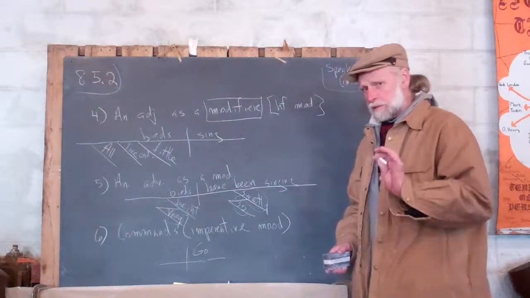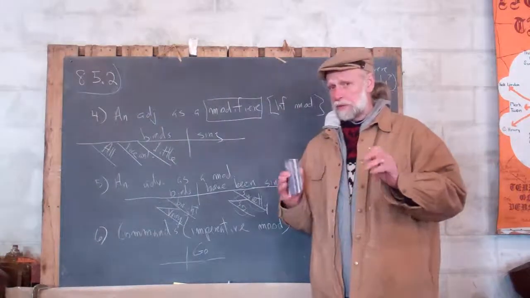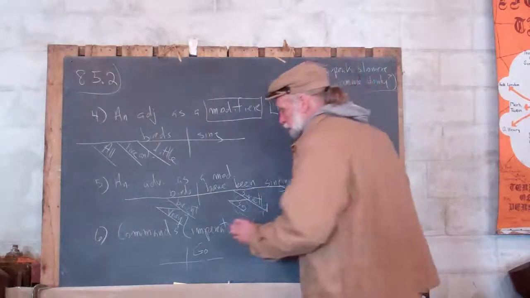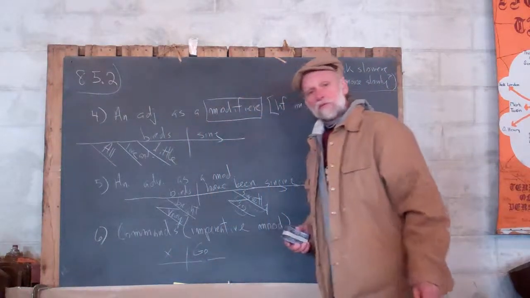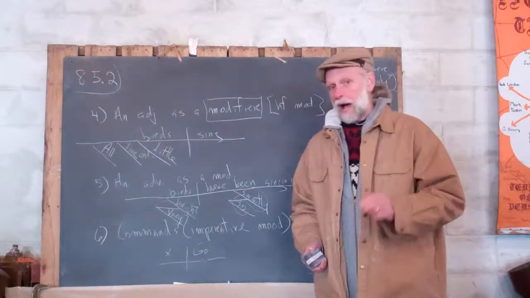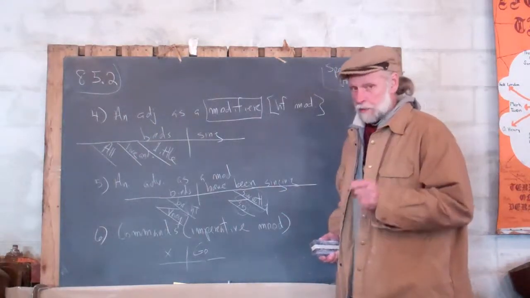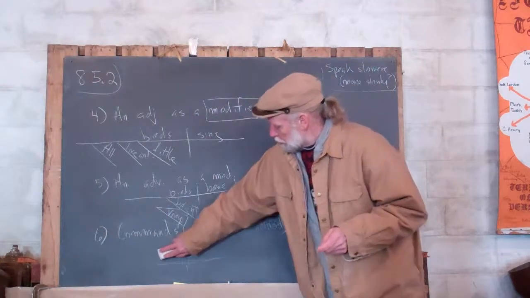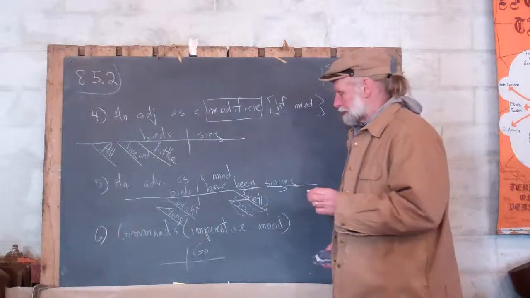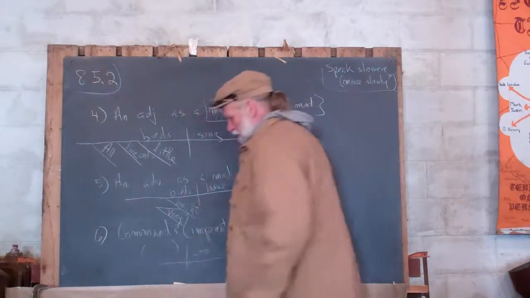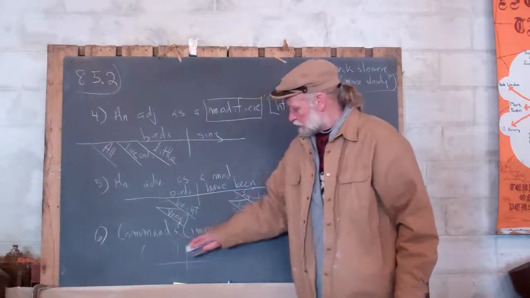Well, in Reed-Kellogg diagramming, when you've got a word that is understood but it's not there, what you do is you put an x in the original form. You understand that there's a word there. I regard this as a mistake when teachers teach that what you should do is put in parentheses you. As a matter of fact, I'm not going to, well, I'll do it, but I'll only partway do it, because they would put you, go.